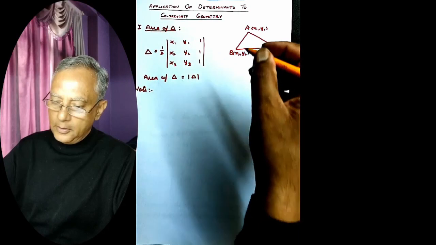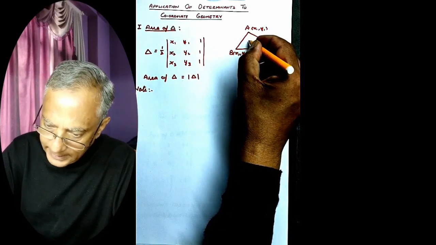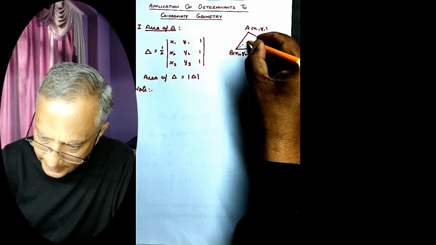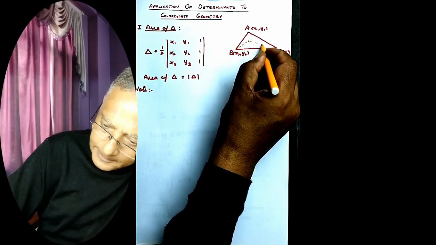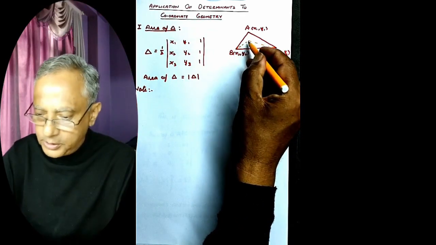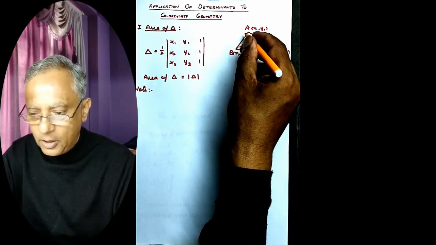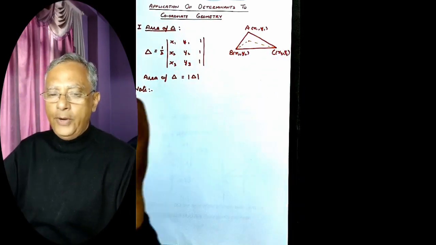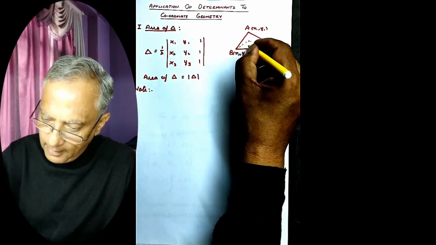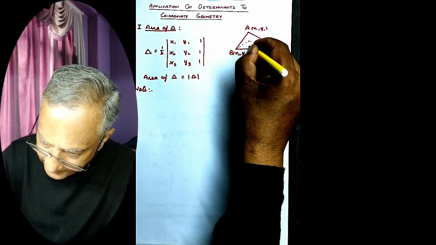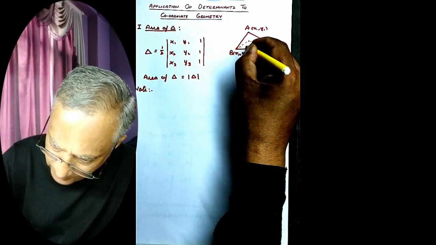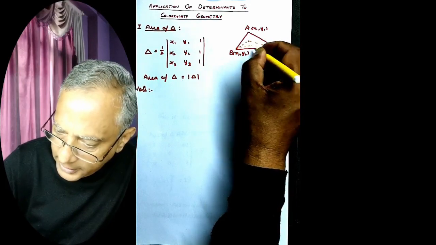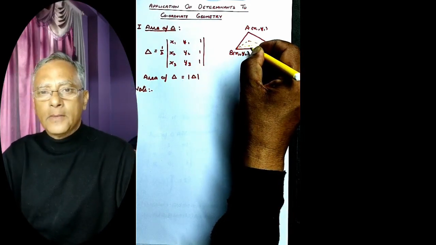And note, now suppose this point lies here. So I join it with the vertices. Now the area of this triangle will be less than the area of this triangle. And further, if we take this point to be here, then we will see that the area of this smaller triangle is further reduced.